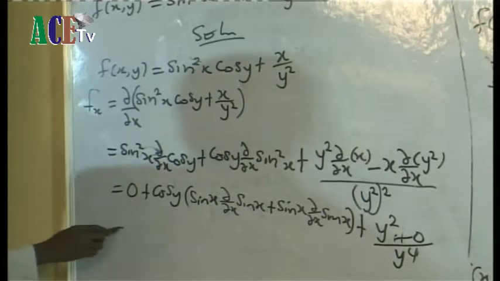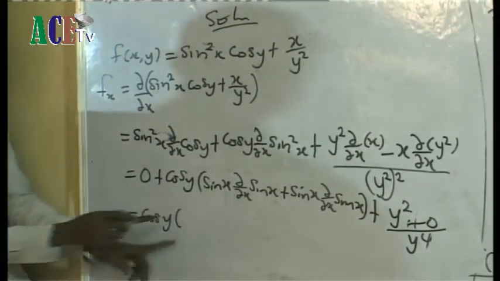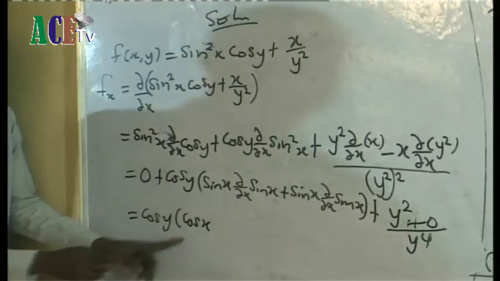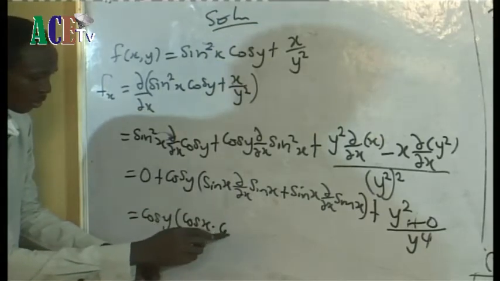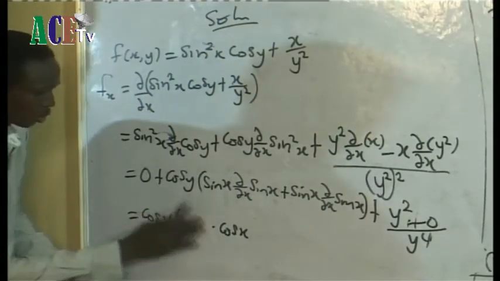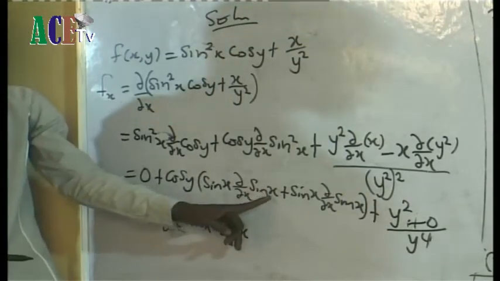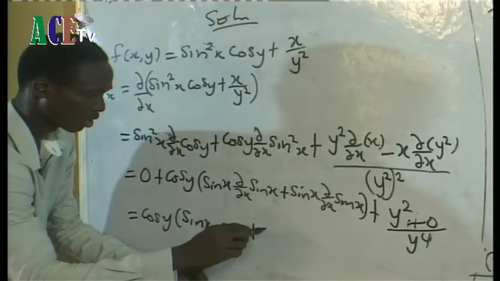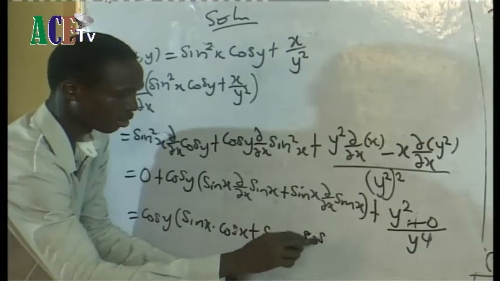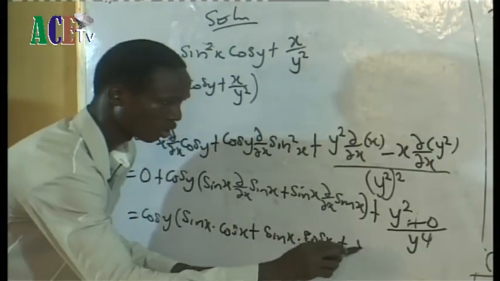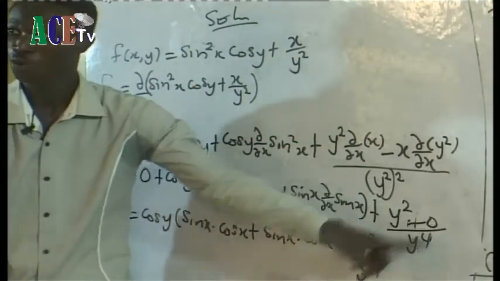Here, I will have cos y into, if I come here, I will have cos x. Then this sine x will be there, multiplied by the derivative of this one, which will be cos x, plus sine x multiplied by cos x, plus y square over y raised to power 4. This one will go.